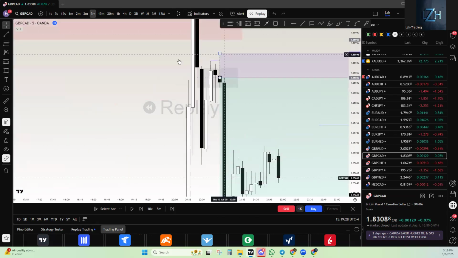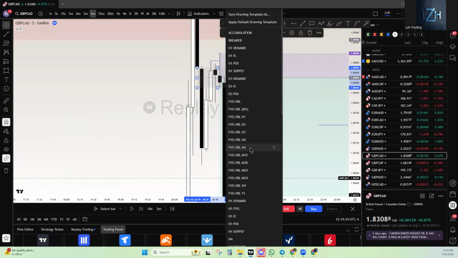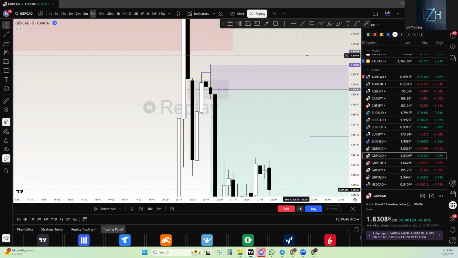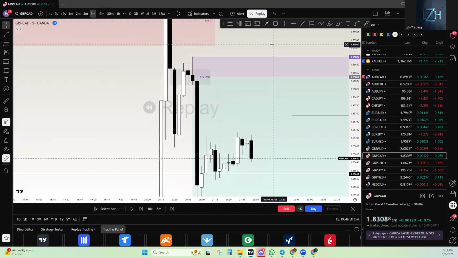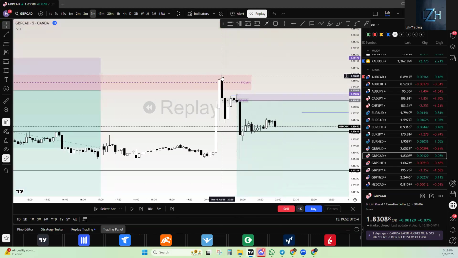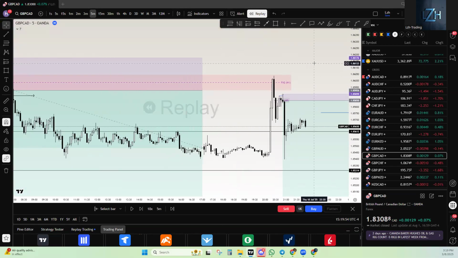Again, no closure to the upside, no disrespect on the fair value, 5 minute fair value. And if it were to go up from here, it shouldn't be closing this kind of candle over here. So if you want to just add another position, you can add another position over here. And stop loss, again, you can put it here or you can put it here just to de-risk a little bit.